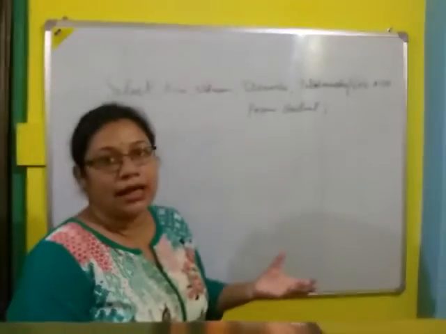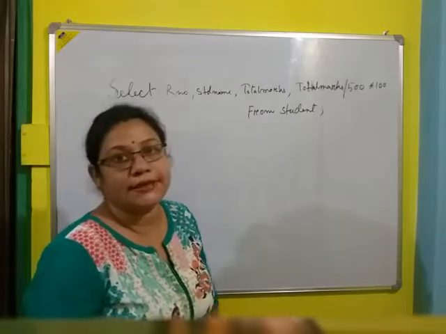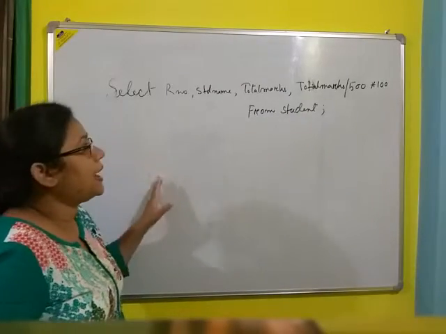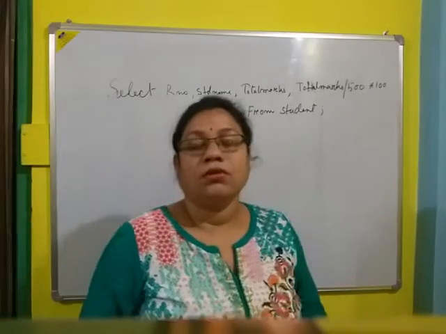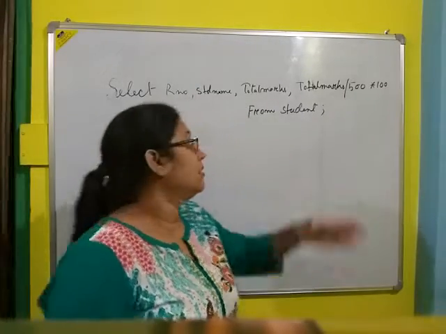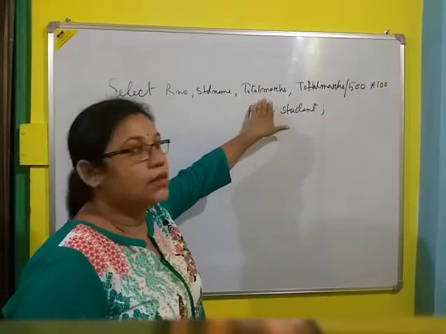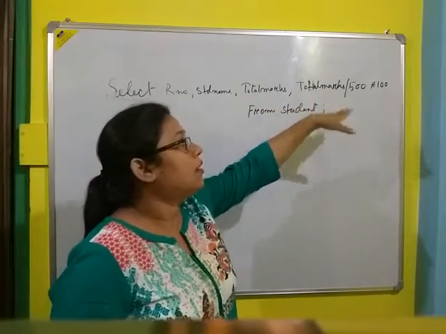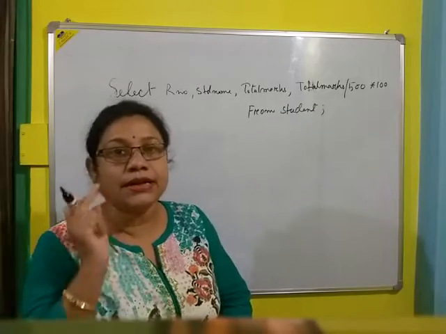This is the formula to find out the percentage for a student. So when you write this SQL statement, the computer will display the roll number, student name and the total marks along with this calculated percentage value on the computer screen.